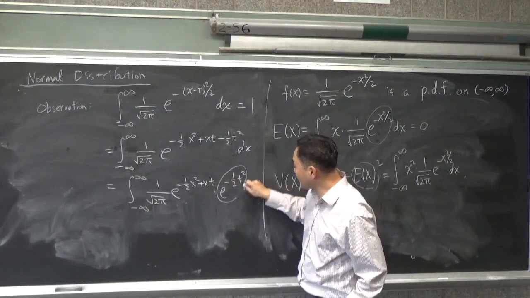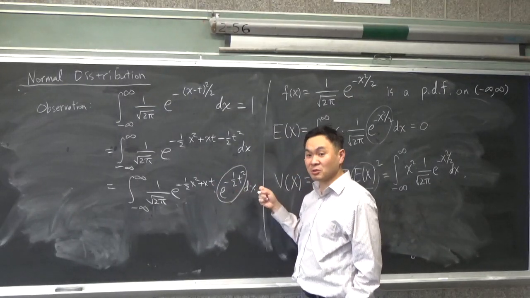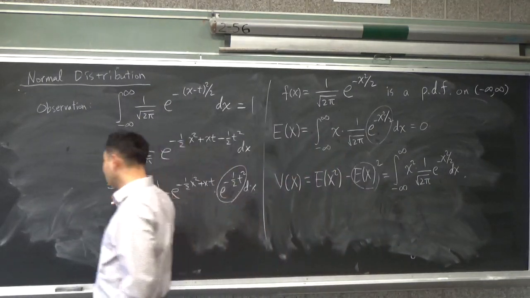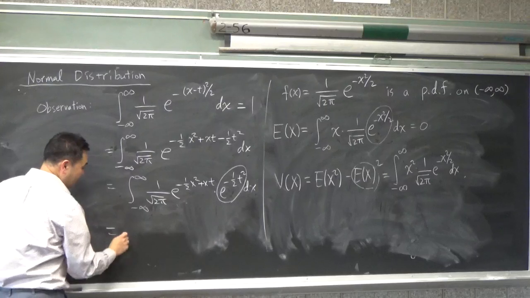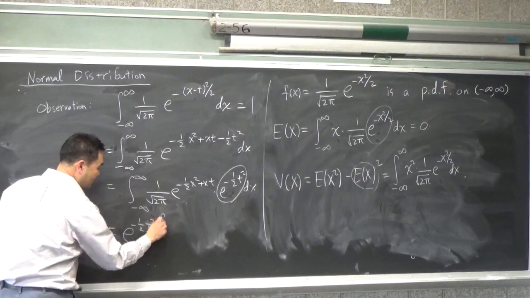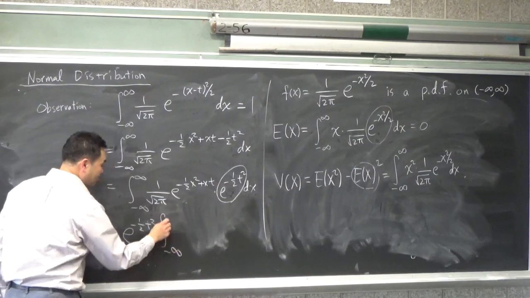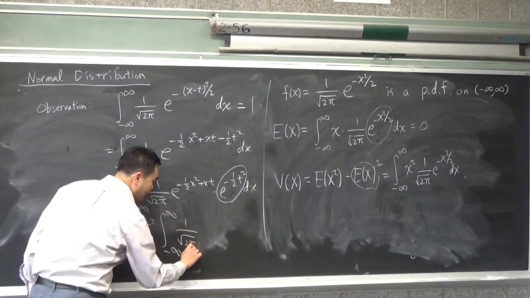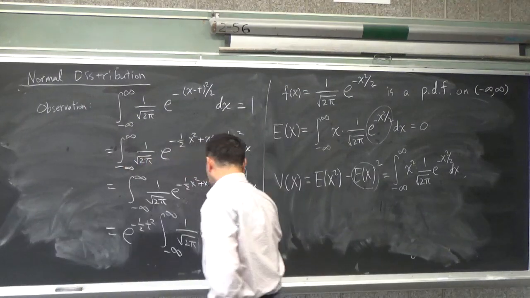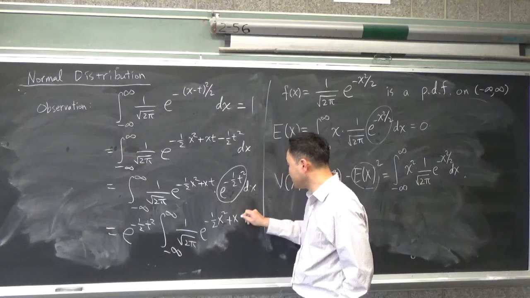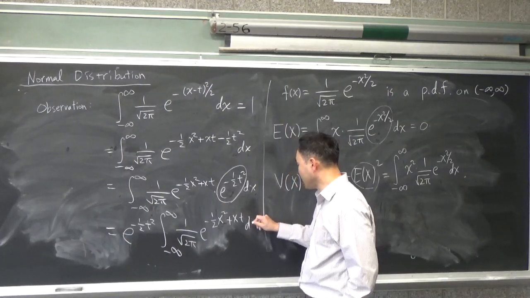And then this one, I claim that since this has nothing to do with x, it is like a constant which I can pull outside the integral. So I have e to the negative 1/2 t squared, times the integral from negative infinity to infinity of 1 over square root of 2 pi, e to the negative 1/2 x squared plus xt dx.